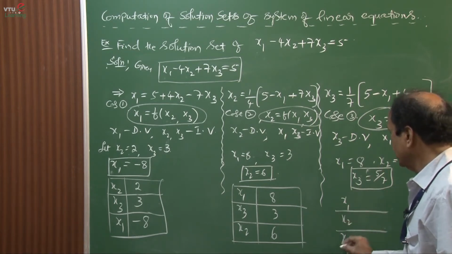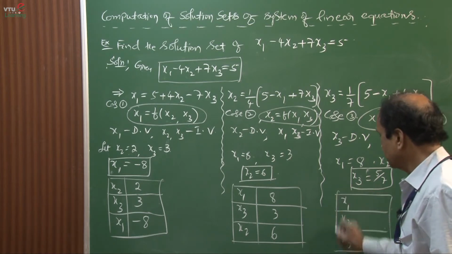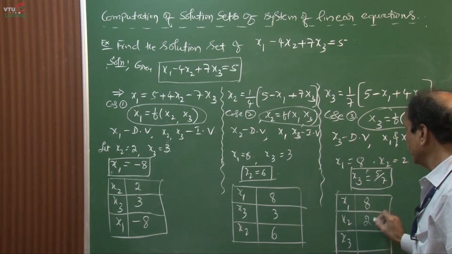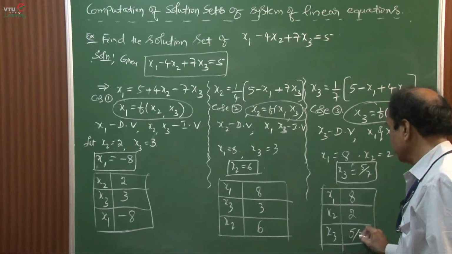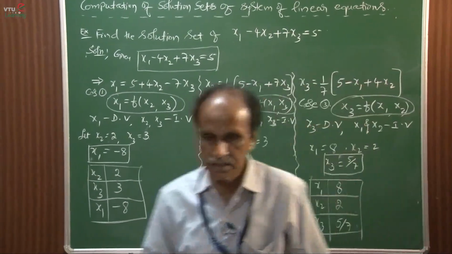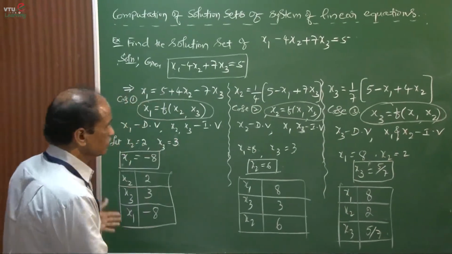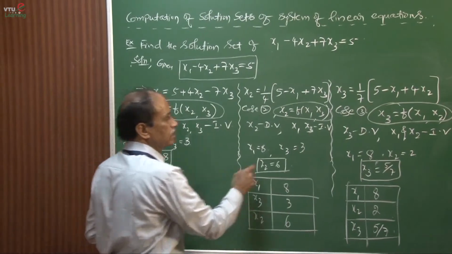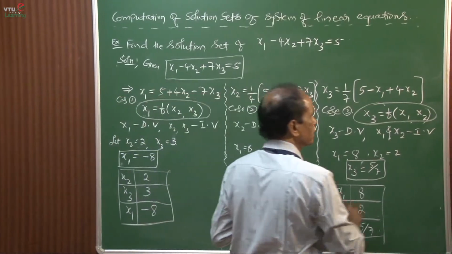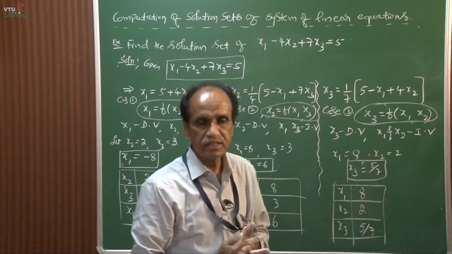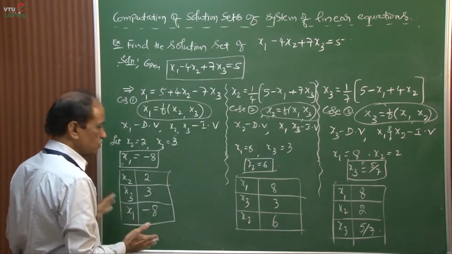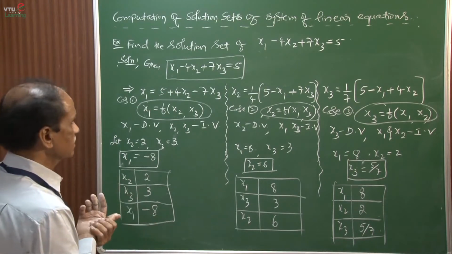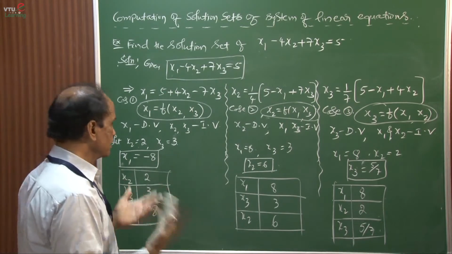You can collect the values from this as the solution set, that is 8 and 2 and then 5 by 7. So these three are the solution sets. In the first system x1 is the dependent variable, in the second system x2 is the dependent variable, and in the third system x3 is the dependent variable. So there are three tables we can expect as solution sets, but all three are different.